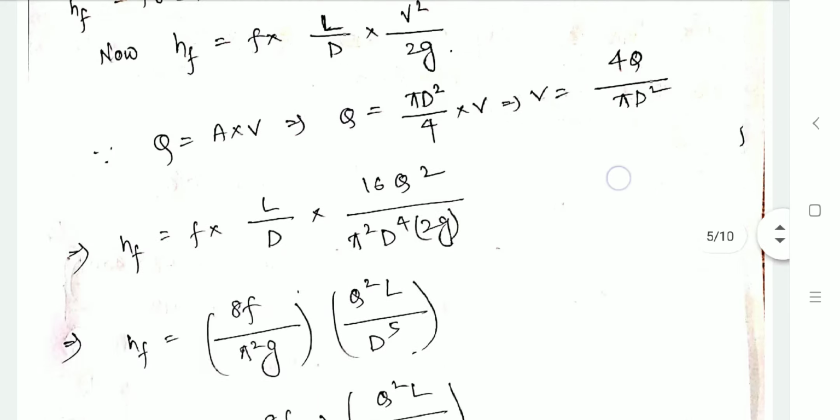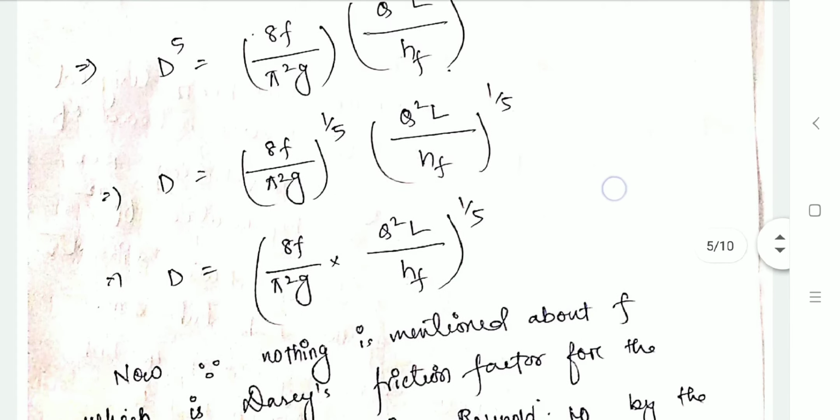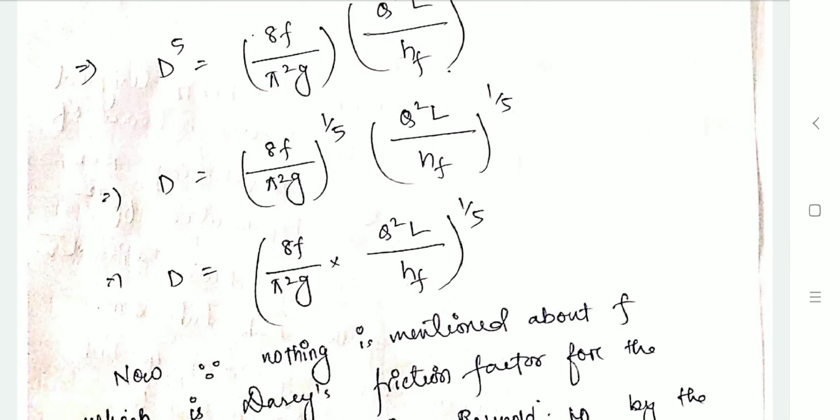Now after some rearrangements and modification, we got the final expression for the diameter of the penstock, which is 8f divided by pi square g into q square L by hf to the power 1 by 5.